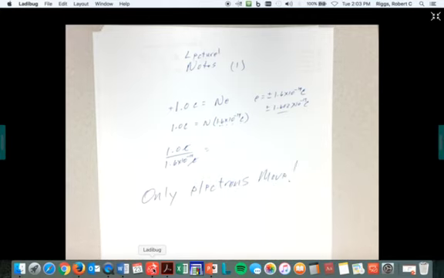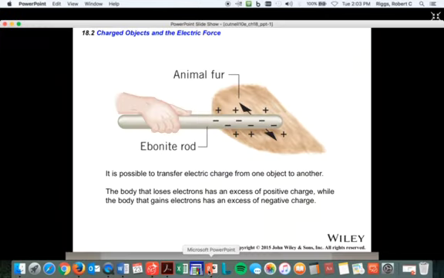Okay? Only electrons move from one body to another. So let's go to this guy. All right, so notice the ebonite rod. It's rubbing against this animal fur, and these electrons jump up on it. As a matter of fact, we're going to stop here, and I'm going to show you a little video of John Travoltage. Okay.